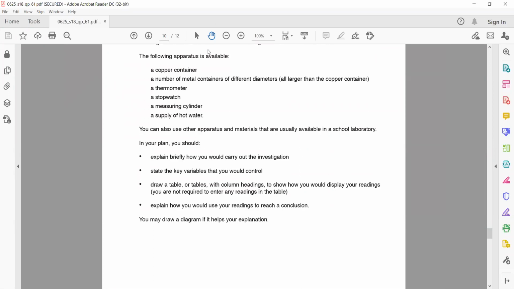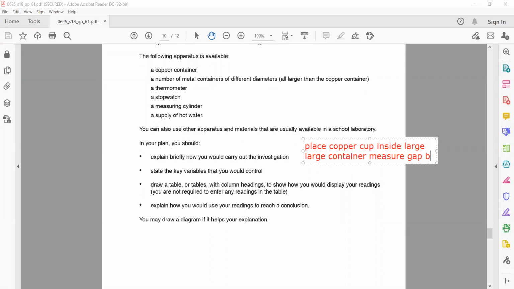We will fill the copper cup with hot water, or we will place the copper cup inside the large container and measure the distance of the gap.